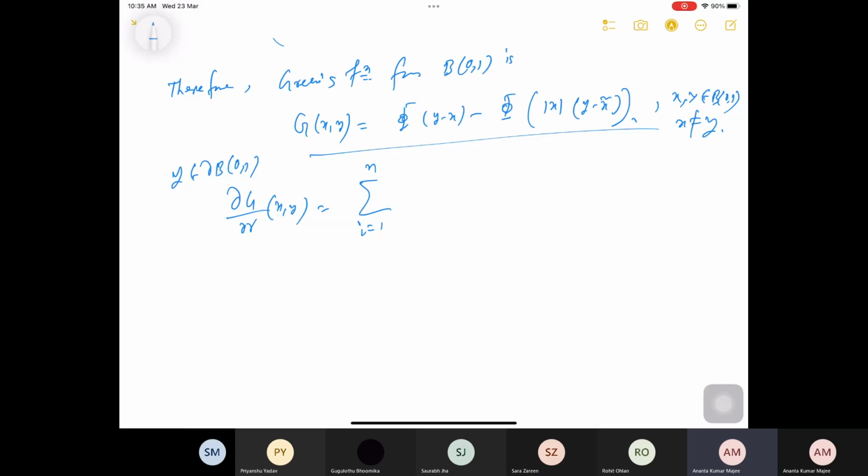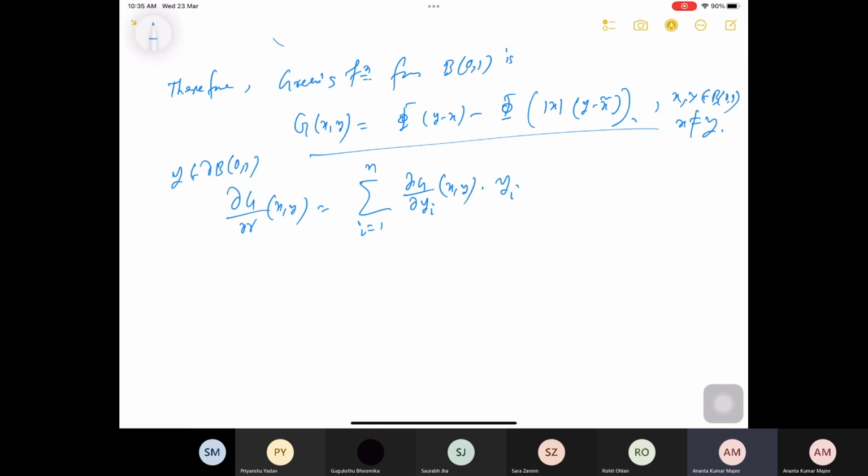It is nothing but y, because it is a sphere. The boundary is the sphere, so it is itself your y. If y is in the boundary, this is y. So it is ∂G/∂y_i (x,y) times y_i.